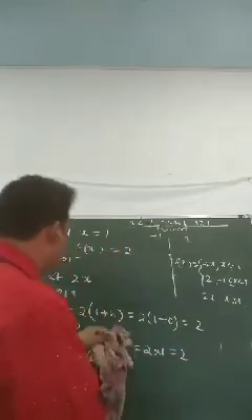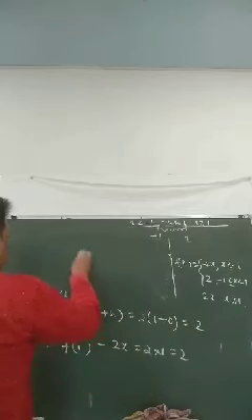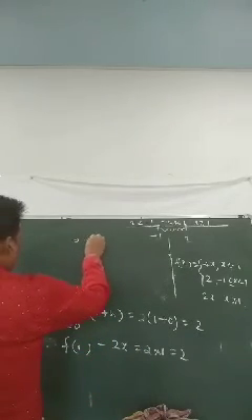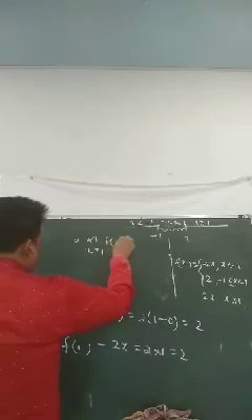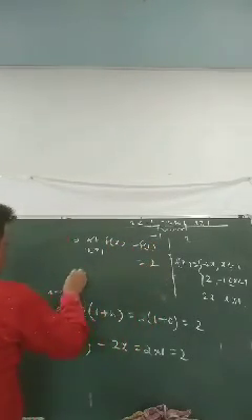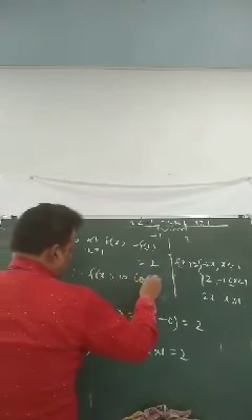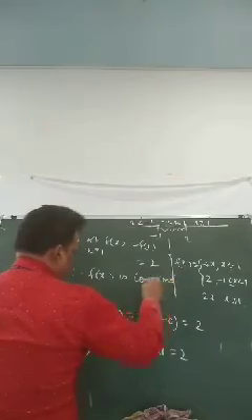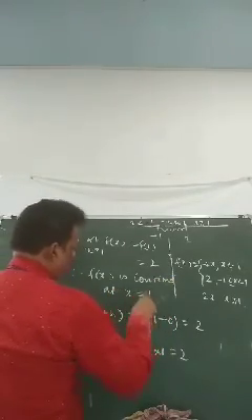So the conclusion is, it implies limit x tends to 1 f(x) equals f(1), which is 2. Therefore f(x) is continuous at x equals 1.